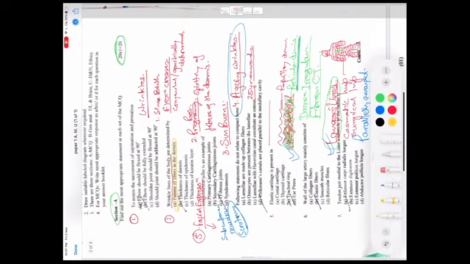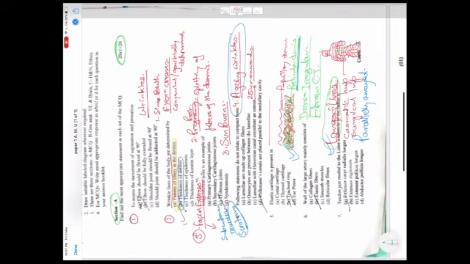So in case this question gets repeated, the answer will be thickness of dermis. The answer will be thickness of dermis, and 2B will be the answer.